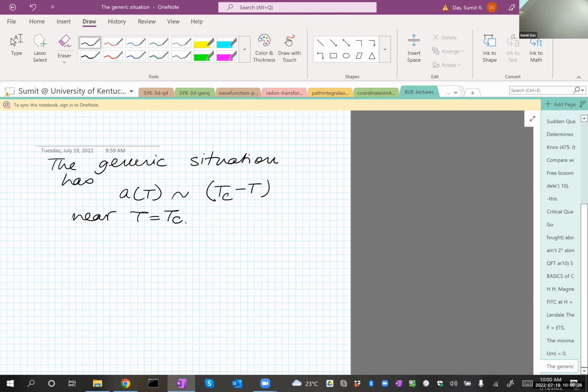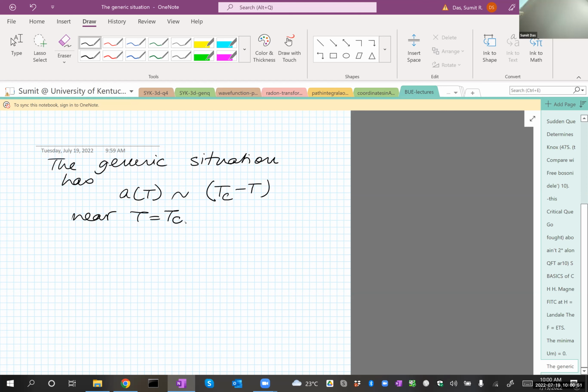You would expand the function in a Taylor series in t minus tc. And there will be tc minus t whole square, tc minus t whole cube, with some coefficients. The function is characterized by the values of these coefficients.